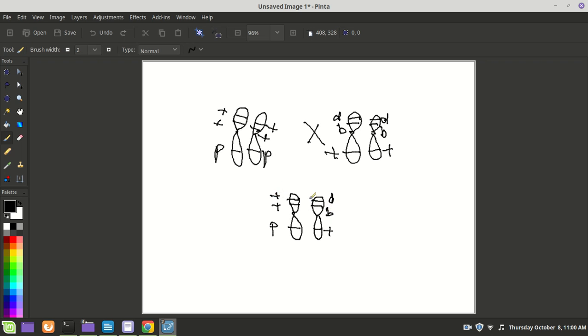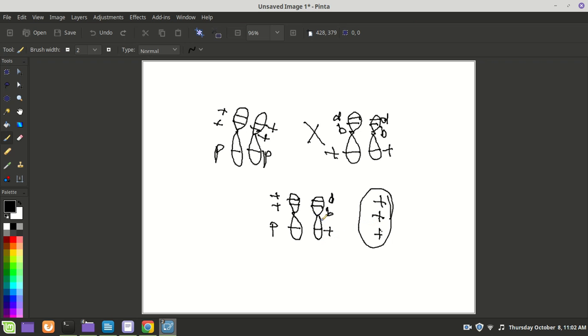Now, you'll notice the plus is dominant over these, so your phenotype here, plus, which is wild type, and the little d, well, your phenotype is plus. Same here, plus and little b, your phenotype is plus, and p and plus. So all of your flies that have these two chromosomes, all of them are what? Wild type. They show up as wild type.